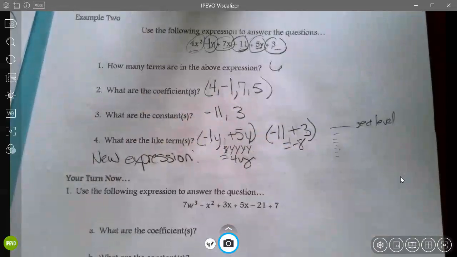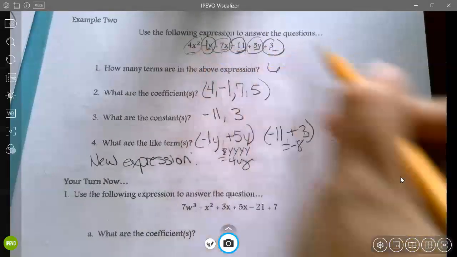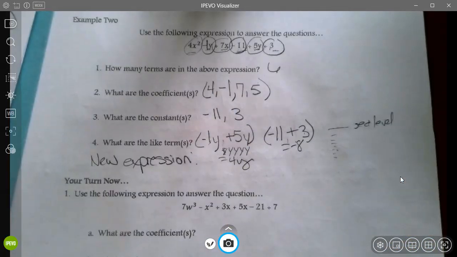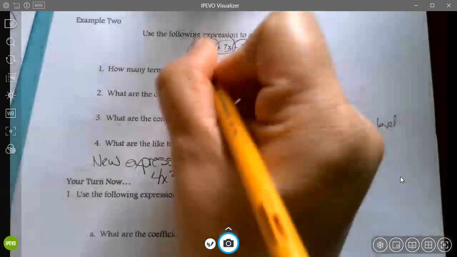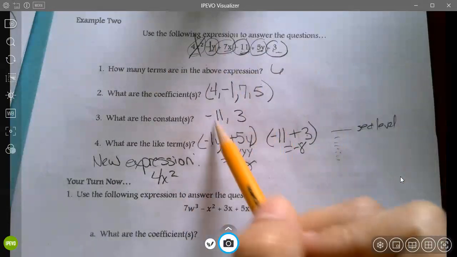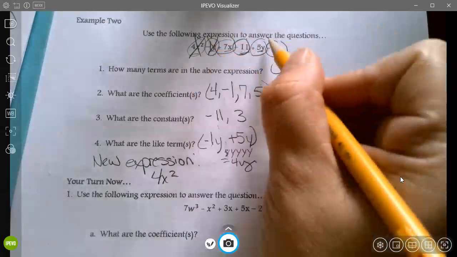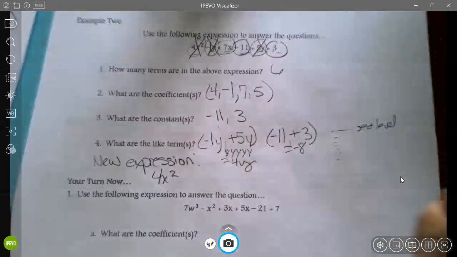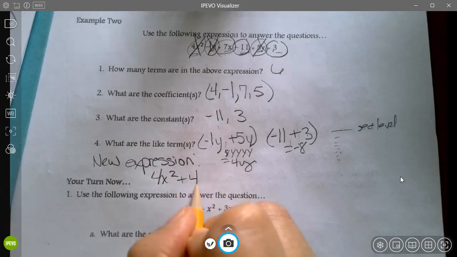Okay, and then my new expression. Well, my 4x squared, remember x squared did not have a like term, so I would just write my term all over again. My negative 1y did have a like term, my 5y to the first power, and that was a positive 4y.